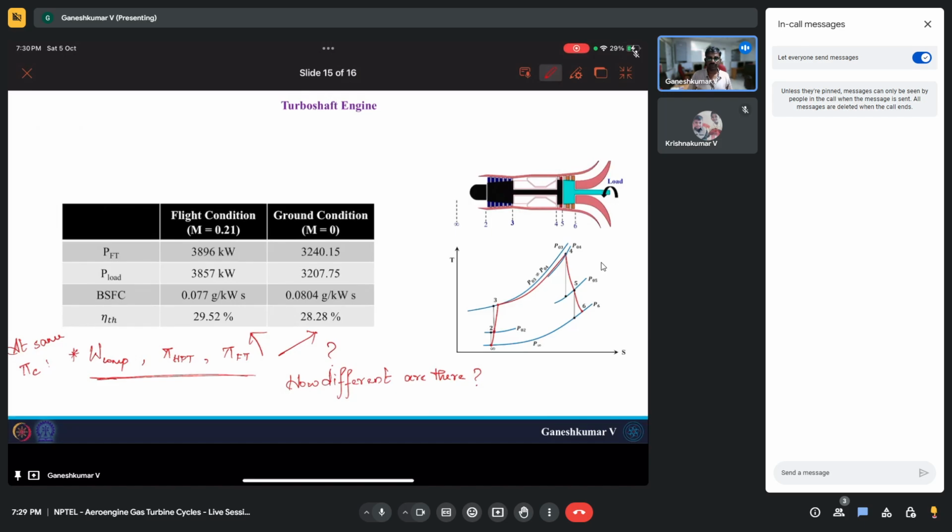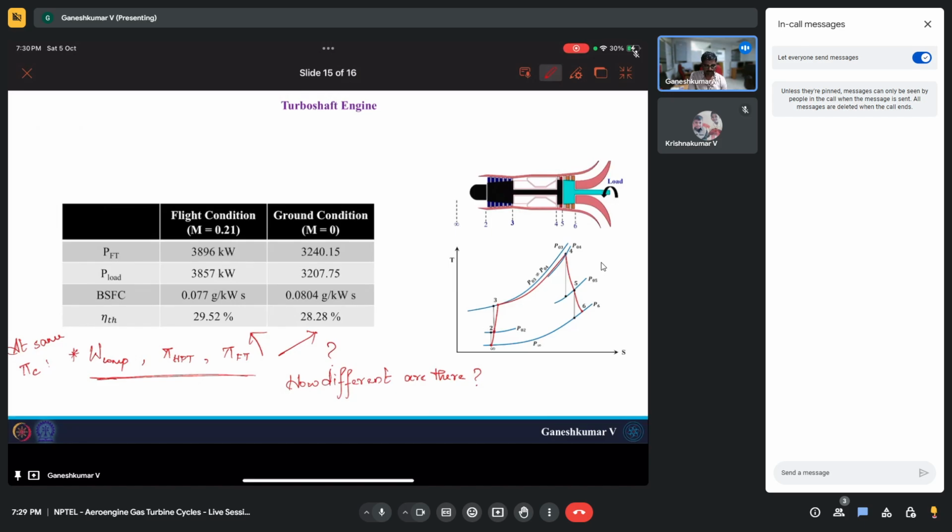So you should compare and contrast between these two conditions. What is the work done by the compressor, and what is the pressure ratio across the turbines, both the turbines our engine is operating? That will give you an idea of what exactly happened with the ground condition.